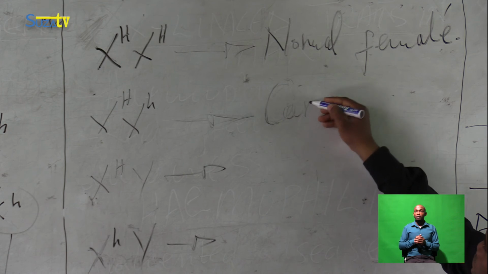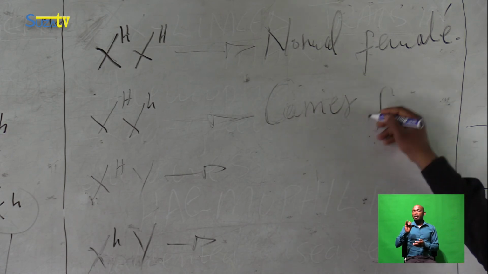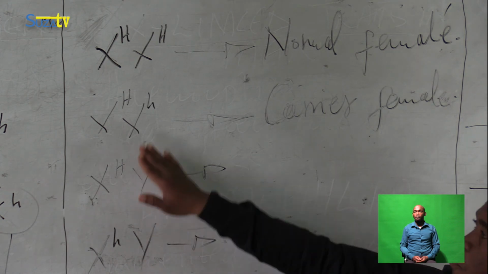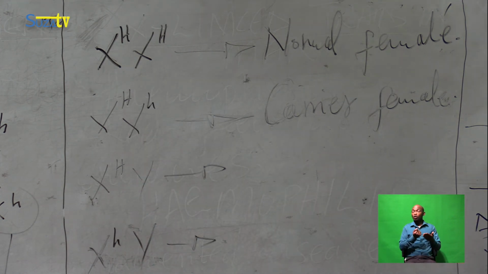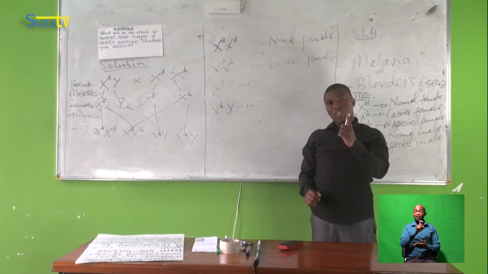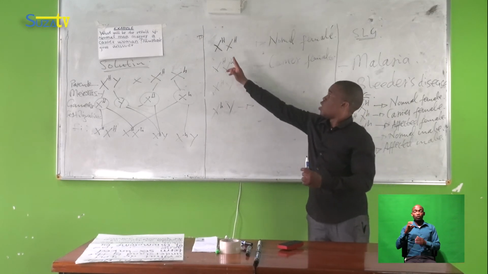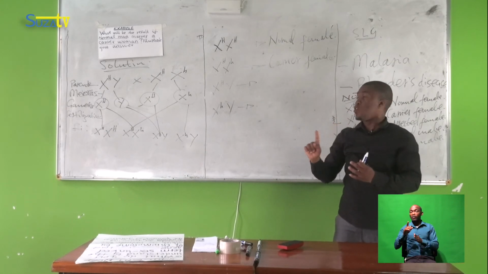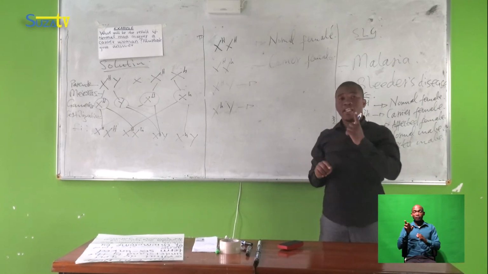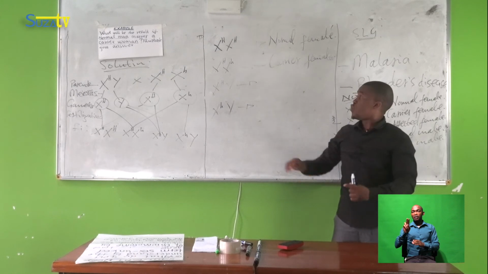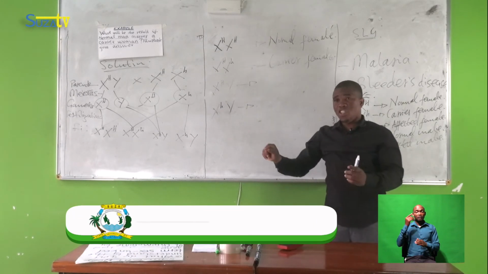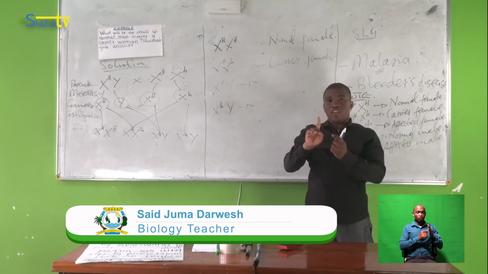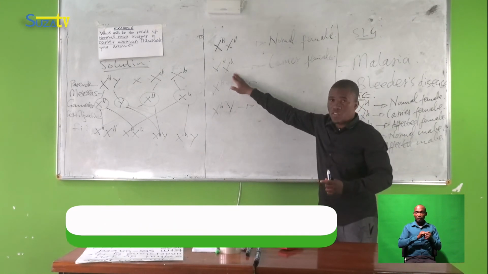She's a carrier female. Why? On one X chromosome she carries the dominant gene, while on the other X chromosome she carries a recessive gene. So this gene cannot show any effect of this disease.